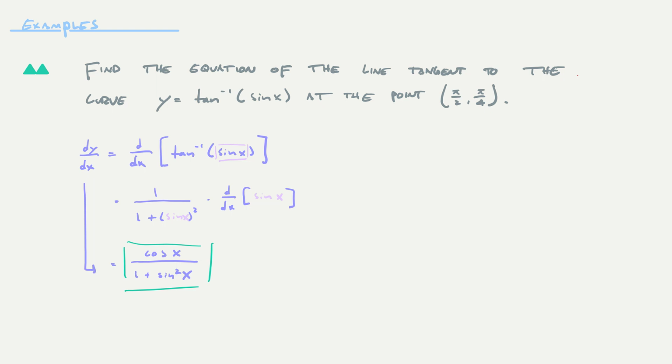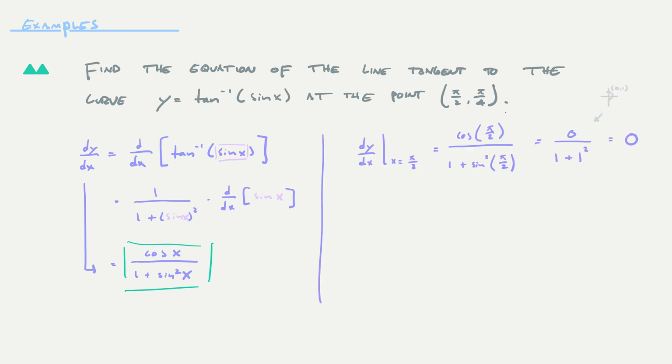Now we need to find the slope at this point. So let's plug in pi over 2 to this thing. The cosine of pi over 2 is 0. The sine of pi over 2 is 1. I went ahead and drew a little unit circle up here. That's how I filled this stuff in. But you get 0 over 2, which is just 0. So our slope is 0, which means that when you go to plug in this thing for x and this thing for y, this goes away and you just get pi over 4 is equal to b.